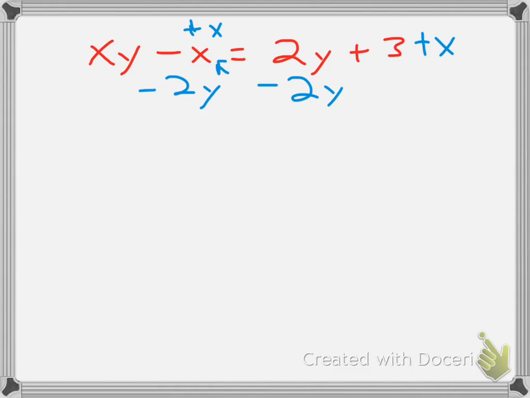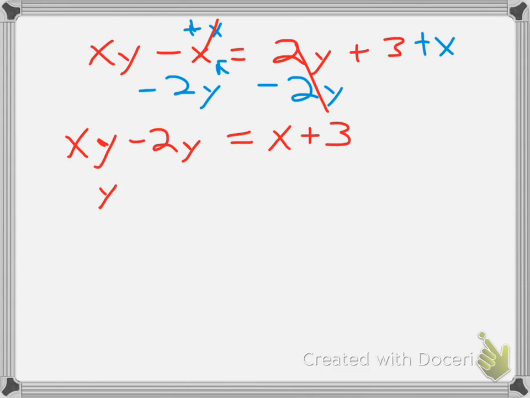And when I do both of those operations, on my left hand side I'll have xy minus 2y. The single x on the left is now gone. It's over here on the right. Now I have x plus 3. So again, these canceled, I'm left with xy minus 2y equals x plus 3. Now since I have both of my y terms on the same side, I can go from two variables to one by factoring out the common term.